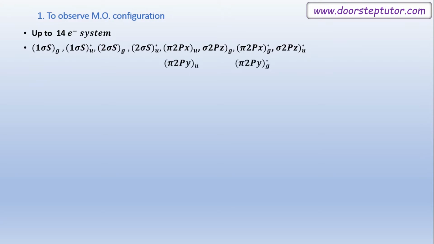Right. So for up to 14 electron system, we have to follow this order according to Hund's maximum multiplicity principle, Aufbau principle, and Pauli's exclusion principle.